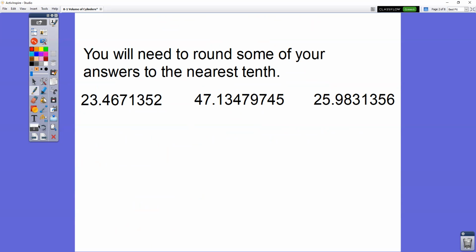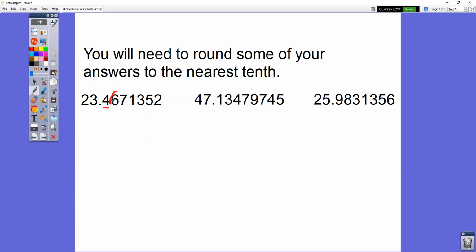Remember that the tenths place is the first number after your decimal point. So if we look at this first number, 23.4671352, which are answers that you will get in this section, you need to round your answers to the nearest tenth. The tenths place is the first place after the decimal point, so it's the 4.